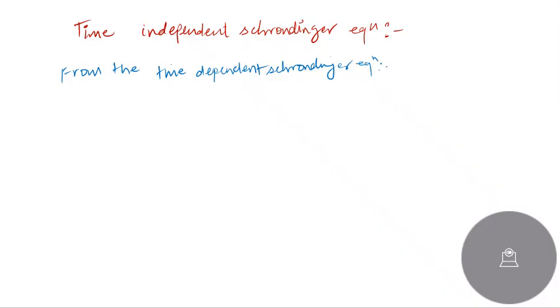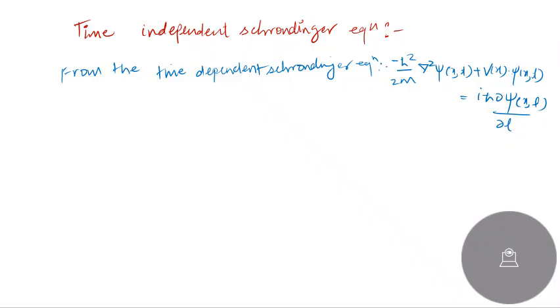From the time dependent Schrodinger equation, which is such that minus h cut square over 2m del square psi(x,t) plus V(x) psi(x) equal to i h cut del psi(x,t) over del t.